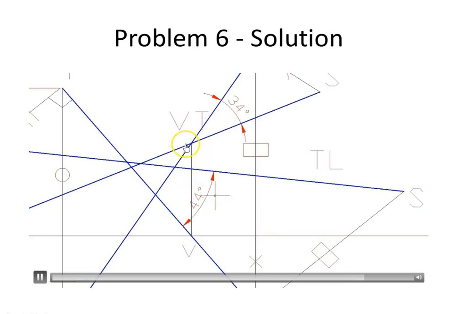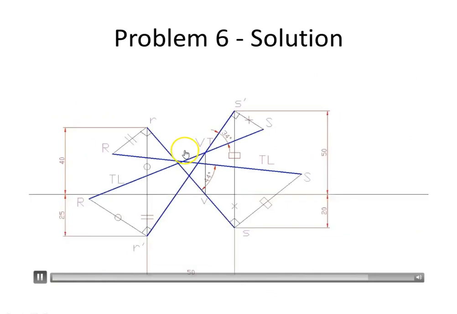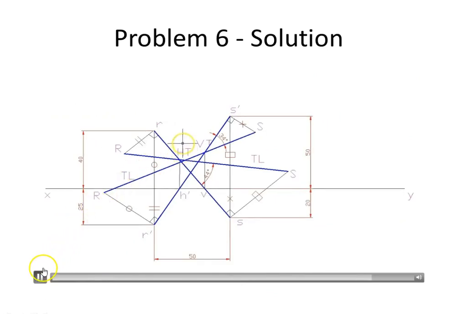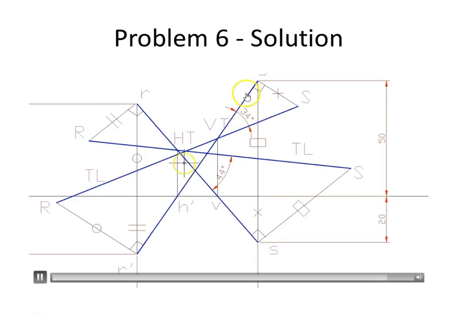To find VT or HT, normally what we do is extend the views so that they meet, but here already they are crossing each other. That is, the top view and the corresponding true lengths are meeting here as well as here. So which means we already get the vertical and horizontal trace.